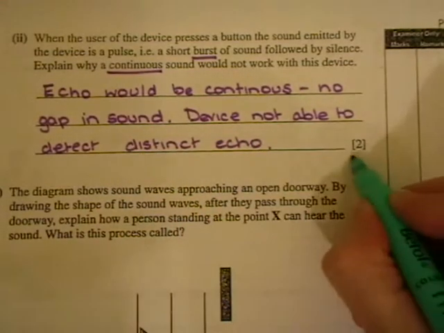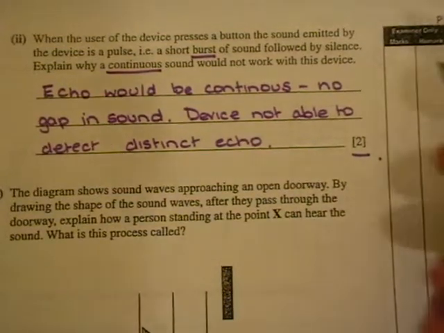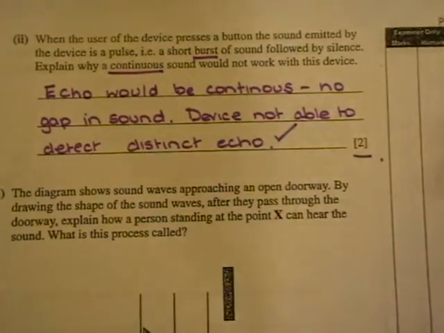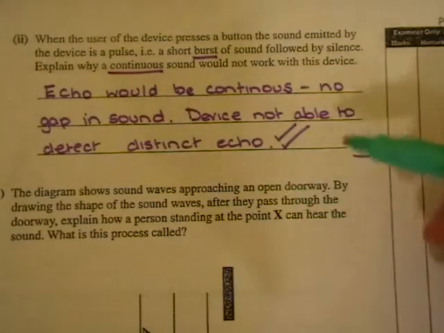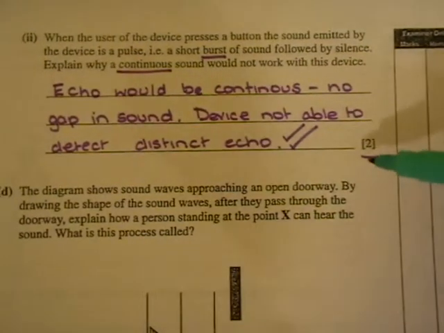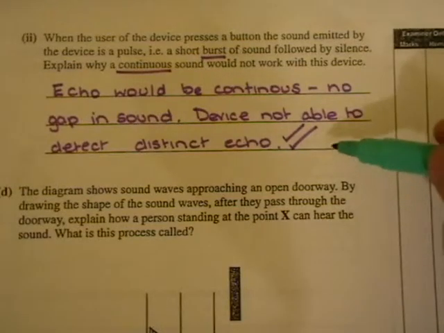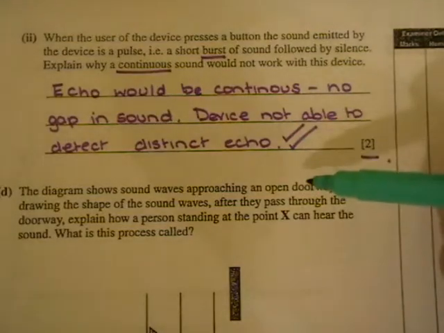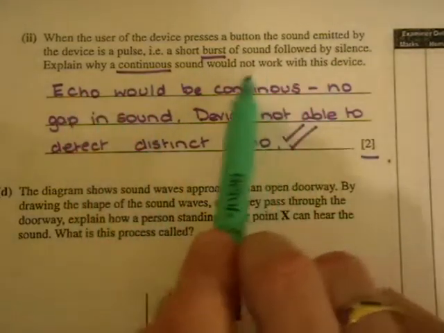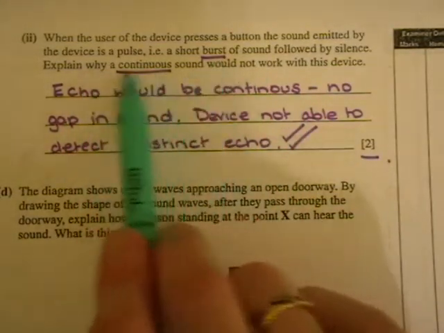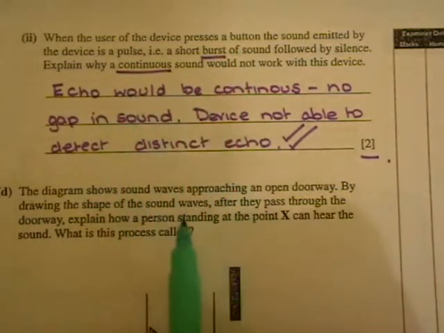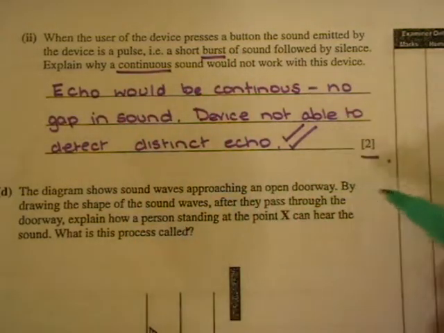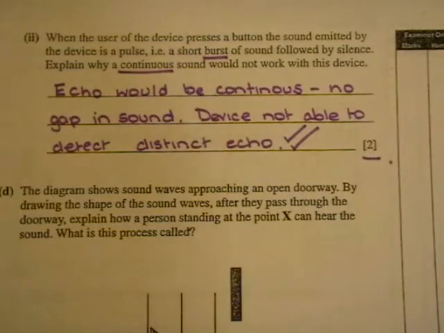Now, there's 2 marks there. What they're looking for is this idea about the distinct echo, and they're going to award 2 marks for that. That kind of question, we can't teach you that kind of question. You have to use your common sense and try and apply your knowledge, and you just have to do the best you can. Go through the question, underline words you think are important that you would need to explain in your answer, and try and pick up the 2 marks if you can.